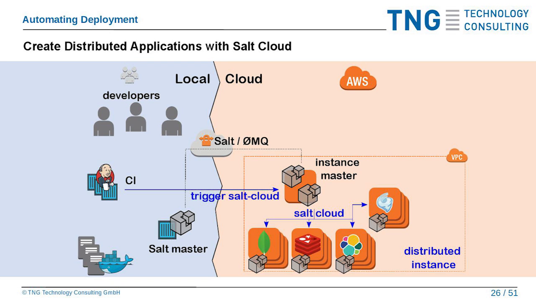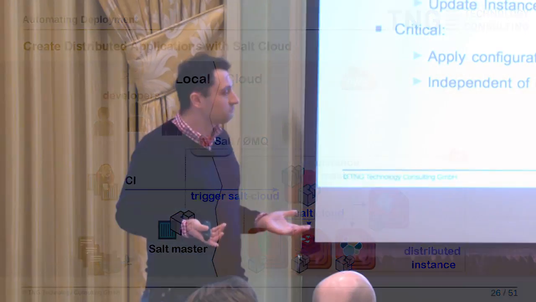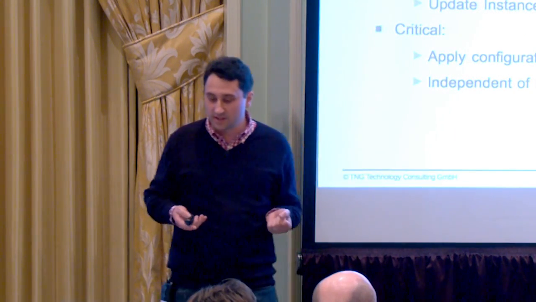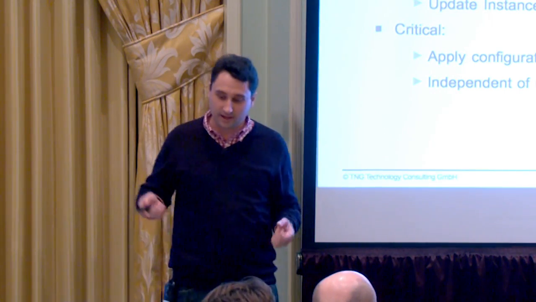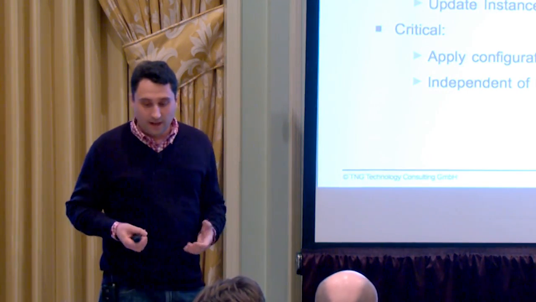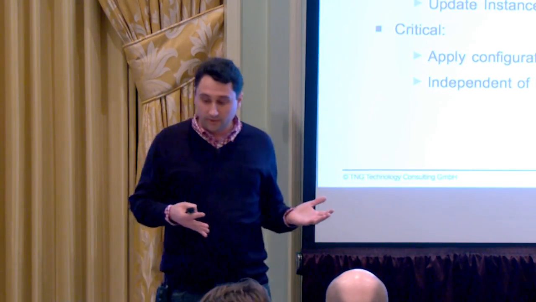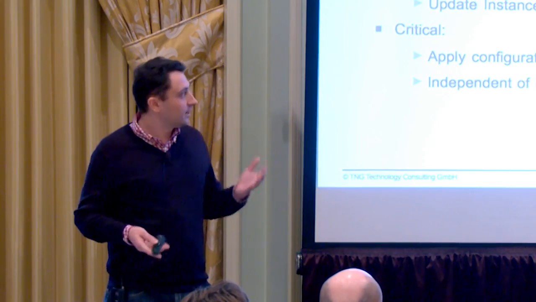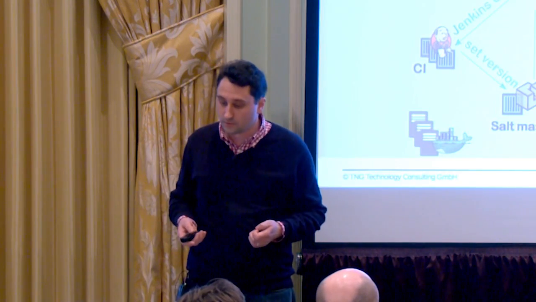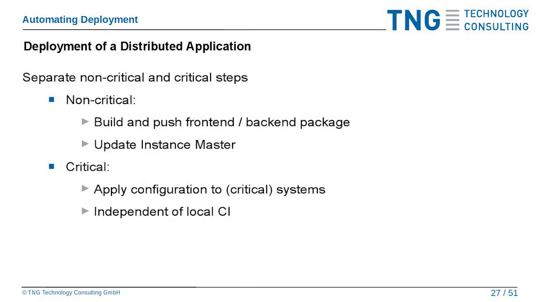So let's come to the deployment. One very important point for us was to separate the steps which are non-critical and which can fail without influencing the user experience, from those steps which definitely will affect the user, who would get an error or something like that. There are many non-critical steps that you can do first, and then there are some critical steps that you have to do at the end. That is the principle of the following two steps. The first thing that we do is that we again have a Jenkins job.